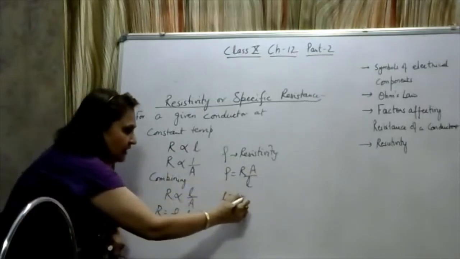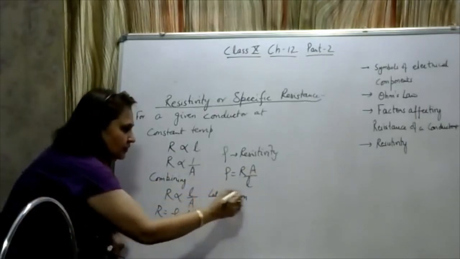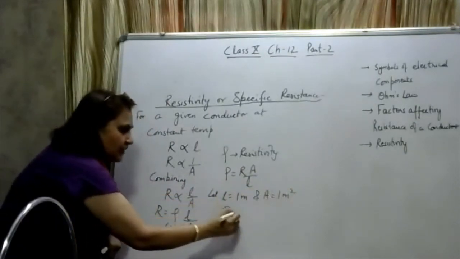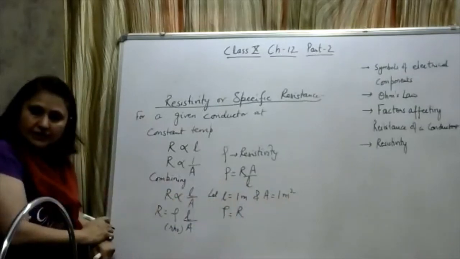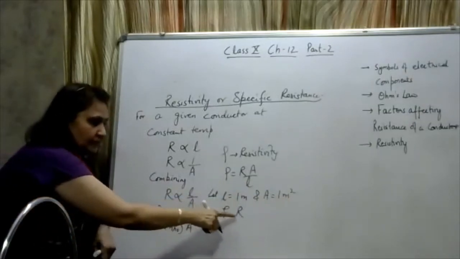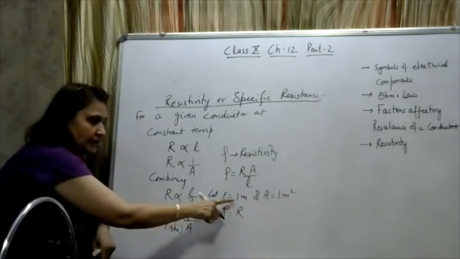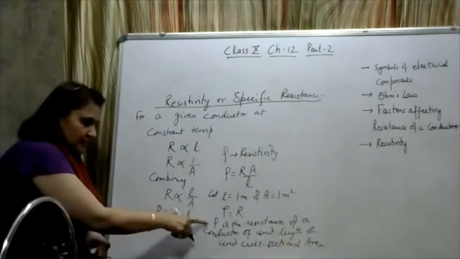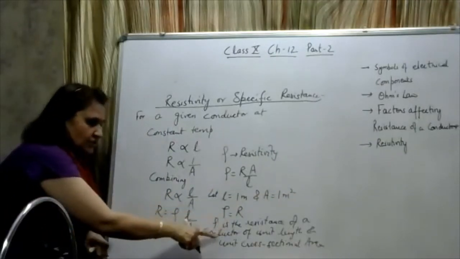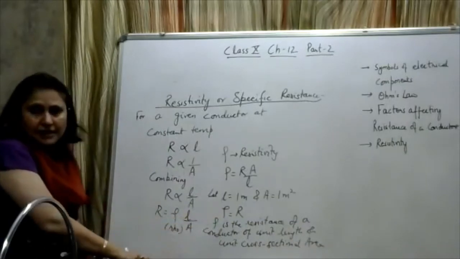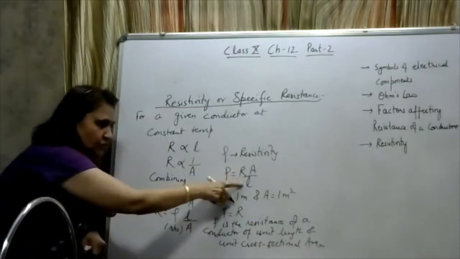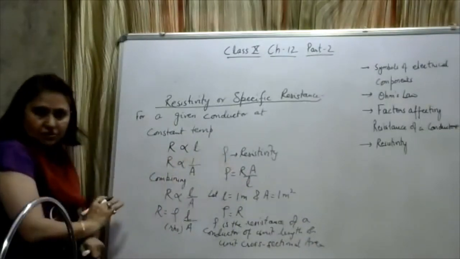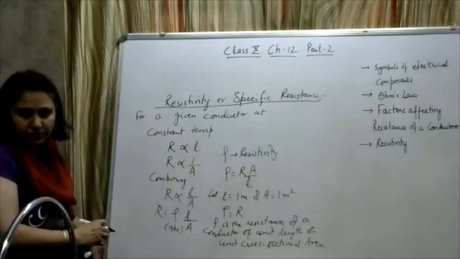That is, if length is 1 meter and cross-sectional area is 1 meter square, then resistivity is equal to resistance of the conductor. So resistivity is defined as the resistance of a conductor of unit length and unit cross-sectional area. Length is unity and cross-sectional area is also unity.